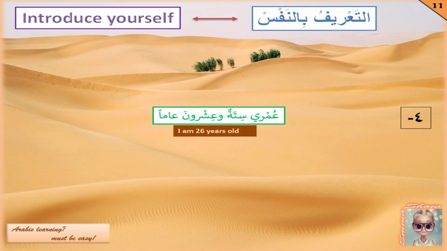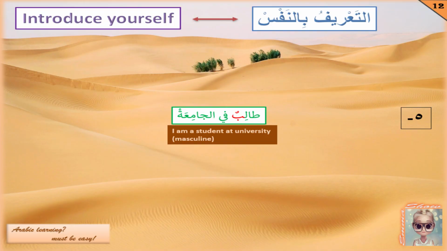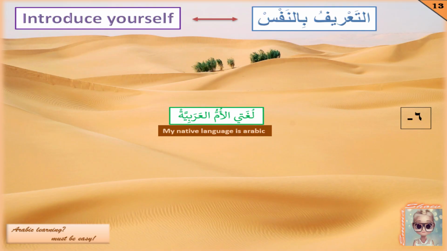Wow. Did you think that I looked younger or older? Honestly, I have no idea. Okay. Please say it again. عمري 26 عاما. Okay, Mahaya Minatuka, أنا طالب في الجامعة. Means I'm a student at the university. Beautiful. Mahaya Lugatuka, العربية. So Arabic, I assume? Yup.